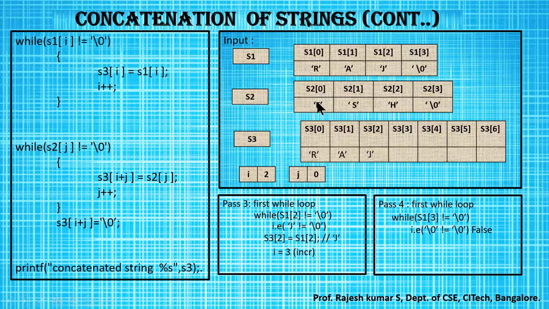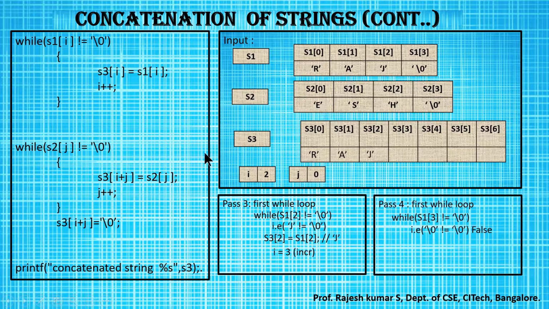So S2 of 0. What is S2 of 0? E. E is not equal to null. Yes, it is not equal to null. When it is not equal to null, this E should be stored at this location. Now in order to fetch location 3, you can see the modification I've done: S3 of I plus J is equal to S2 of J. J value is 0.